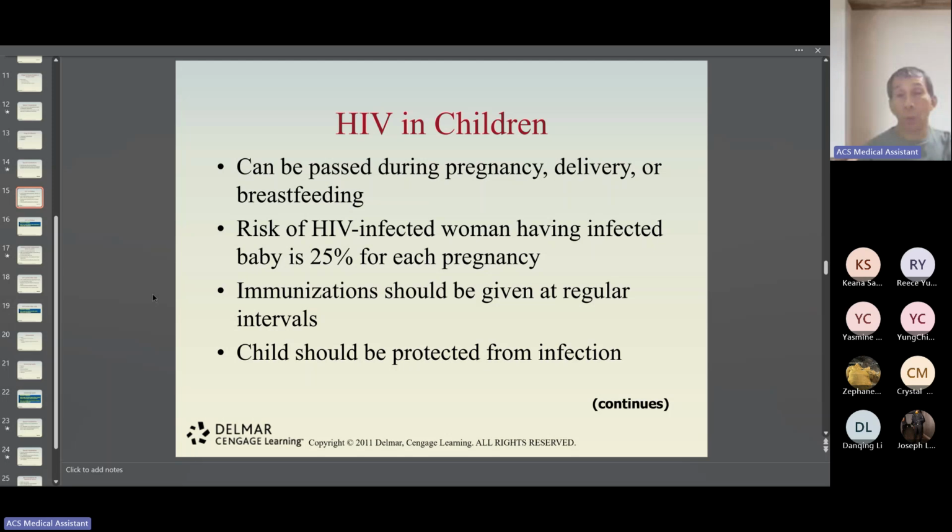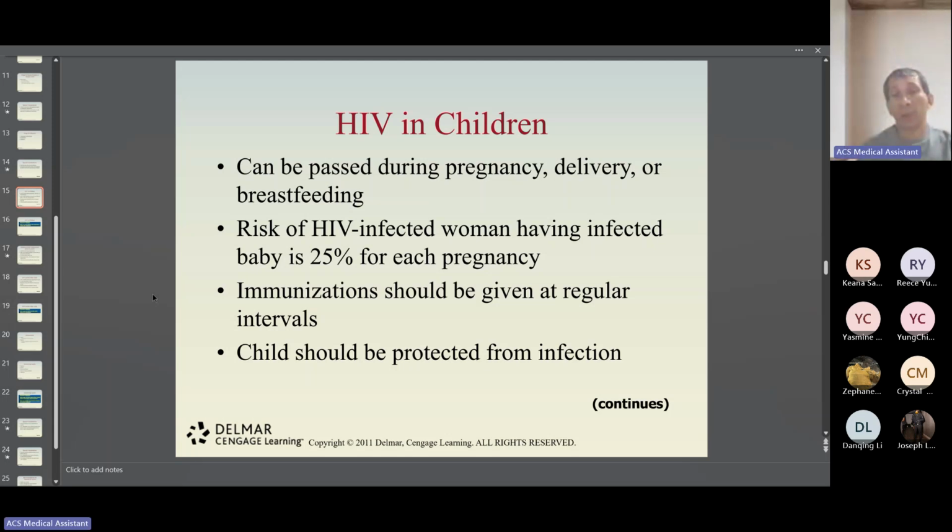And we become so weak because we don't have the defenses anymore. The immune system has been completely shut down due to the virus, because that's what the HIV virus does. It destroys the immune system. And when you destroy the immune system, we don't have defenses. Now we collapse. Now we call it AIDS.